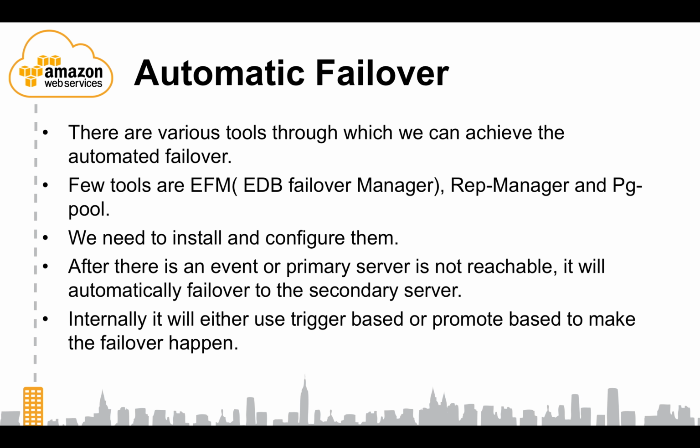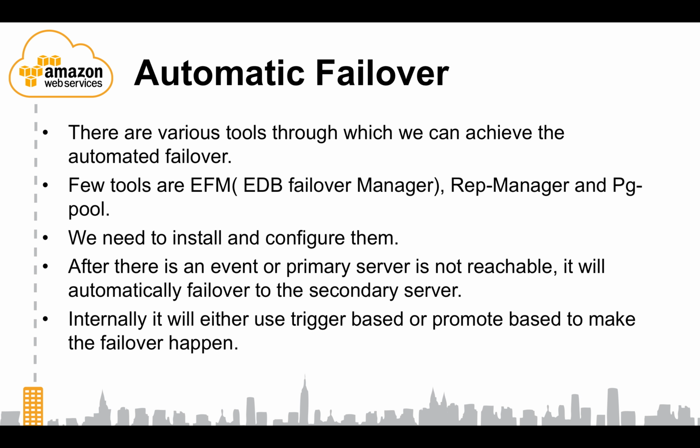We need to install those tools, and after configuration, we just mention that if you find your primary server is not working for 10 seconds, you can define the time. Like if it is not reachable from 10 to 60 seconds, then you do a failover. In the backend, it does the same thing: either it does a promote, or it creates that touch file, a trigger file.